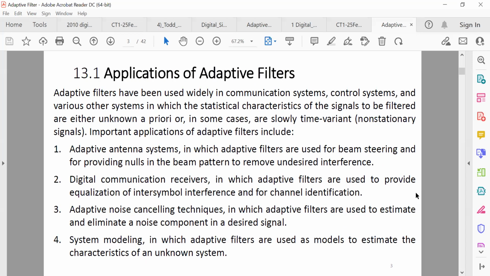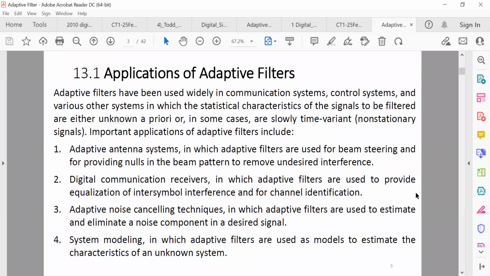Now, where are these adaptive filters used? Before going to discuss the adaptive filters themselves, we are discussing the applications so that we are aware of them, and from there we get how important they are and how they are implemented. We get certain background knowledge beforehand.